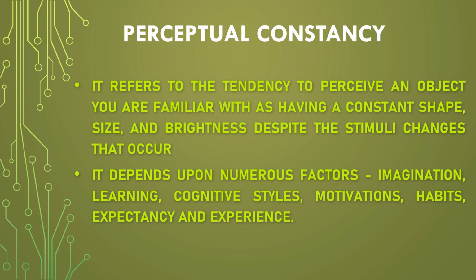That is, whatever stimulus changes occur, we will have a tendency to perceive an object that we are familiar with in a constant shape, size, and brightness. It is about the stability in the perception. It means that the object, whatever it is, appears to have the same size, color, shape, location, etc., regardless of the distance, the perspective, and the lighting.